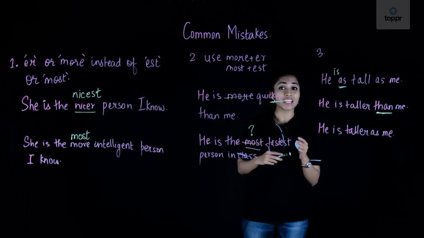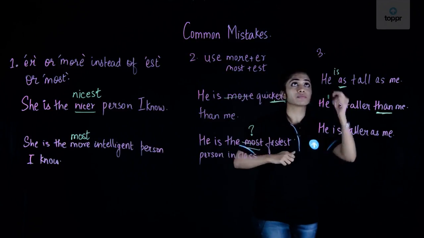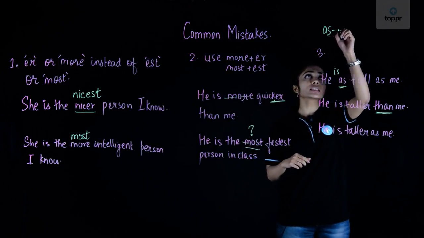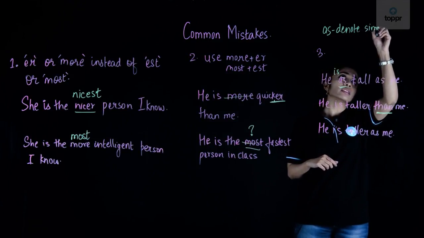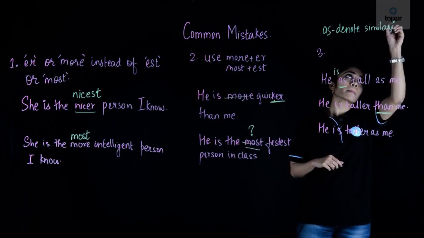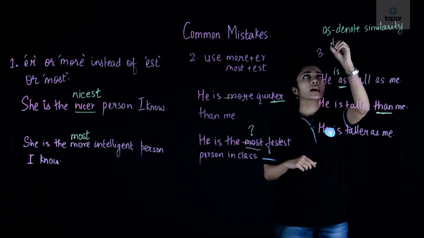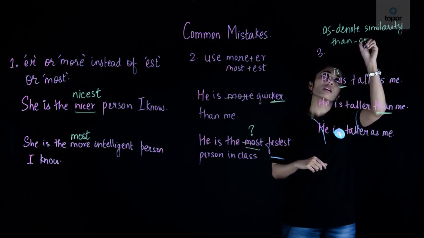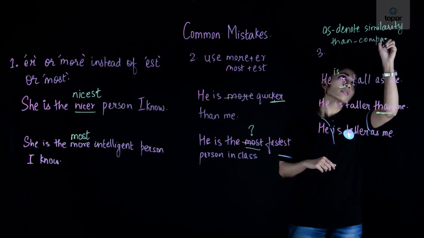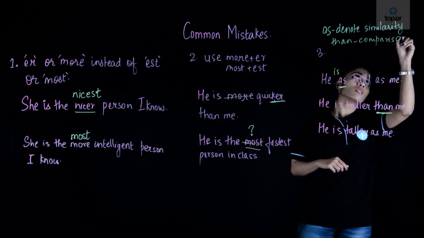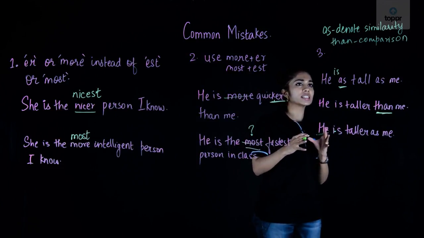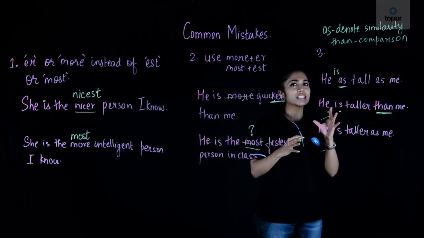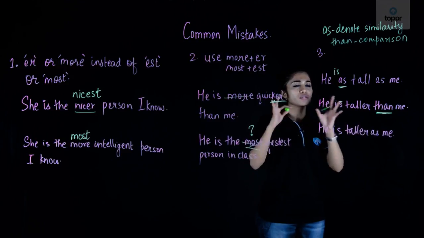We use "as" to denote similarity. And we use "than" for comparison. So what we often do is that we use "as" instead of "than" and "than" instead of "as".